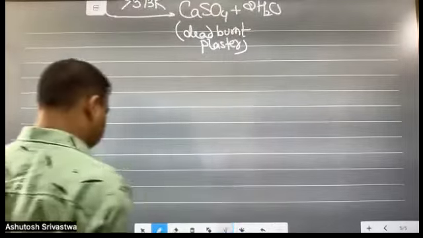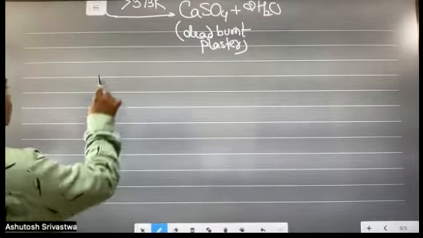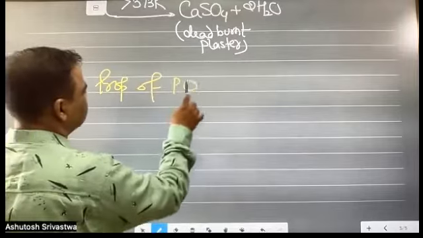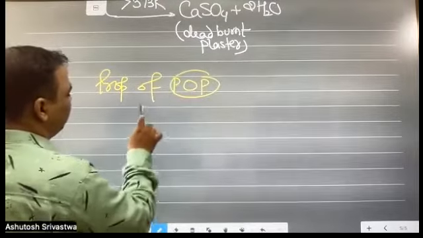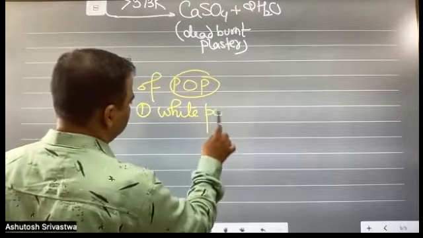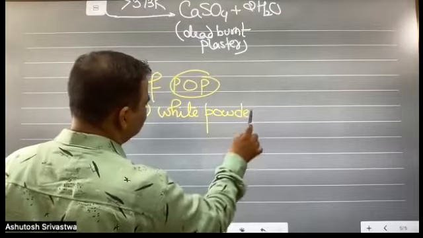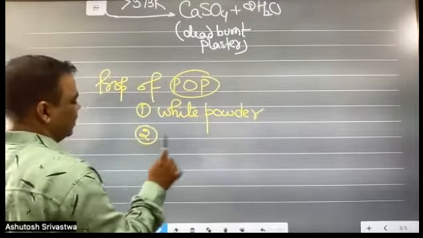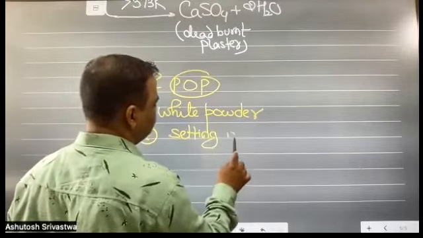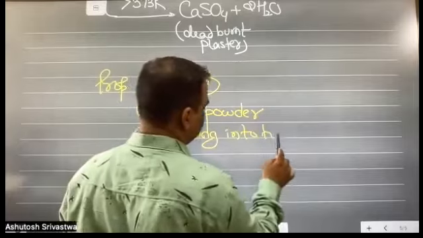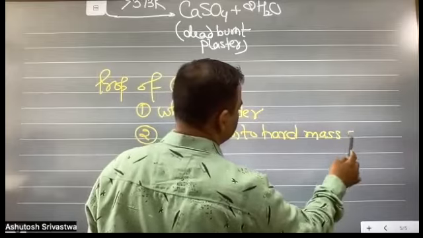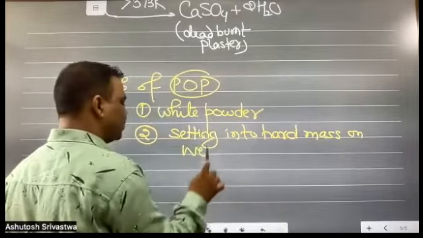So let us write it down also. Properties of POP. The first thing that we have understood is white powder. Second, setting into hard mass on wetting with water.